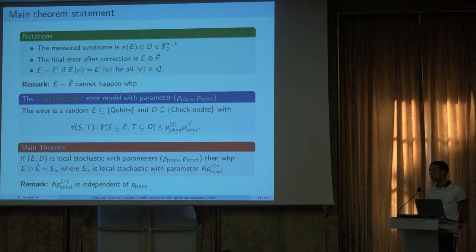And what is very important is that this parameter doesn't depend on p-phase, which is the parameter for the qubits' initial error. This is important because when we will be in a fault-tolerant setting, we will do the correction multiple times, and so we don't want the error to accumulate. So we don't want this parameter to depend on this one.